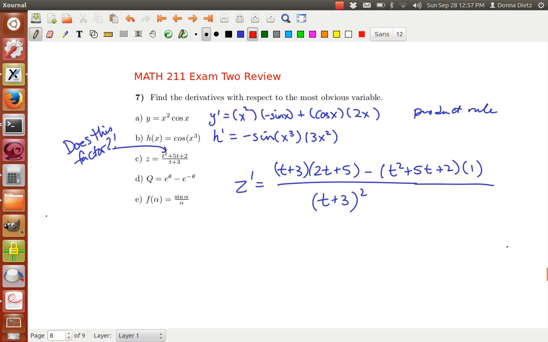Well, what's the discriminant? b squared minus 4ac, b squared is 25, minus 4ac, 25 minus 8. No, this isn't going to factor into anything nice. Okay, good. But I have given exam questions where that factors, and for example, I could give you something like t squared plus 2t plus 1 over t plus 1, and then you do all this crazy stuff.